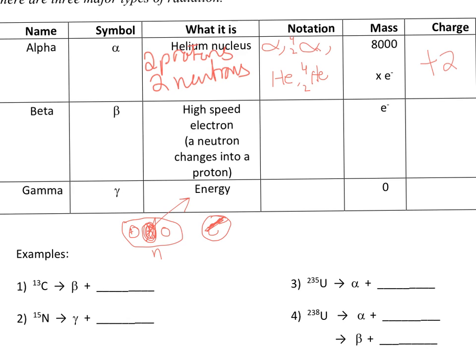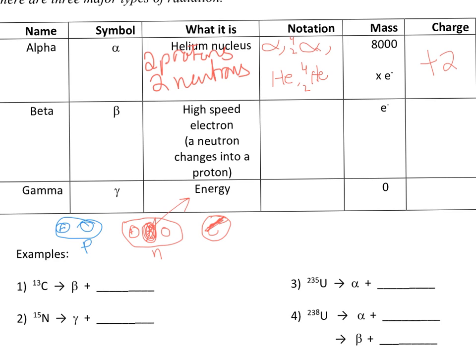And so what's left of your neutron is only two particles, the one that's positively charged and then the one that's neutral. So that's a proton. And so what happens is that the negatively charged particle leaves, is gone by itself, and what's left of it is a proton. So a neutron changes into a proton with a beta decay. And we'll look at an example of that in a minute.